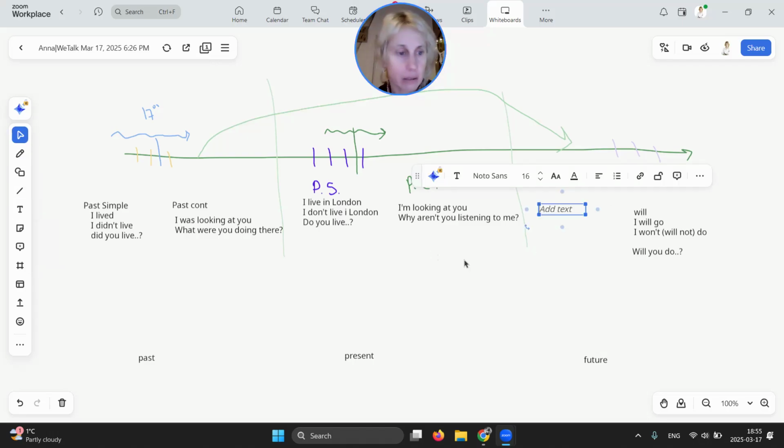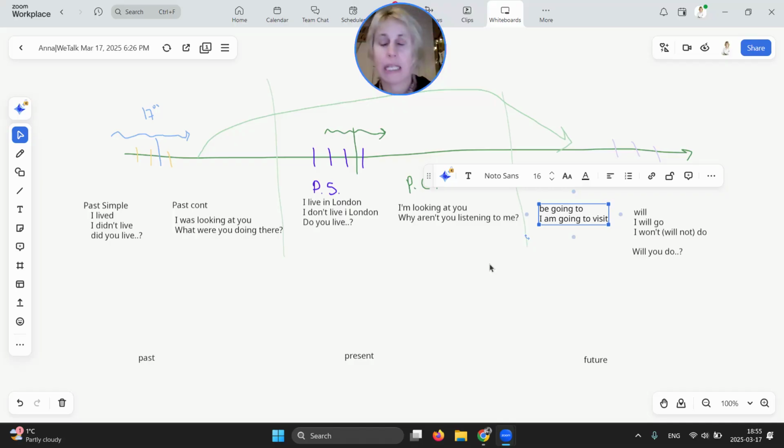And this form is be going to do something. For example, I'm going to visit my parents next month. The question is, is he going to buy that house, whatever.